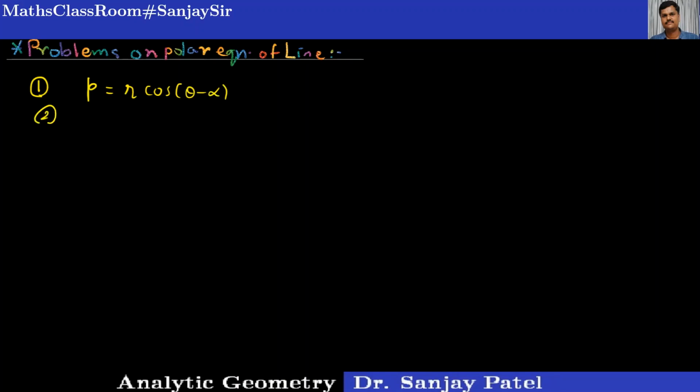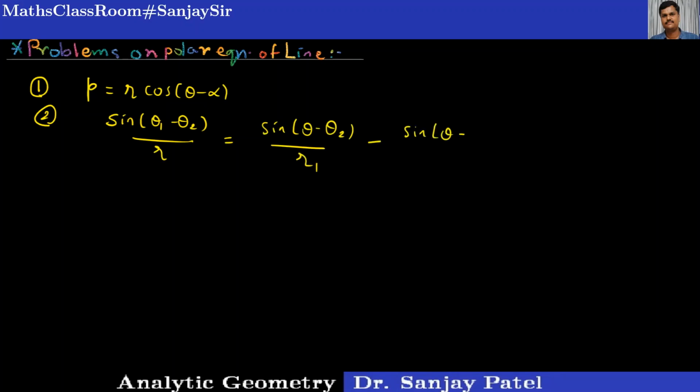And the second was the polar equation of a line passing through two points A(r1, theta 1) and B(r2, theta 2), which is given by sine(theta 1 minus theta 2) upon r is equal to sine(theta minus theta 2) upon r1 minus sine(theta minus theta 1) upon r2. So we are going to see some problems based on these equations.